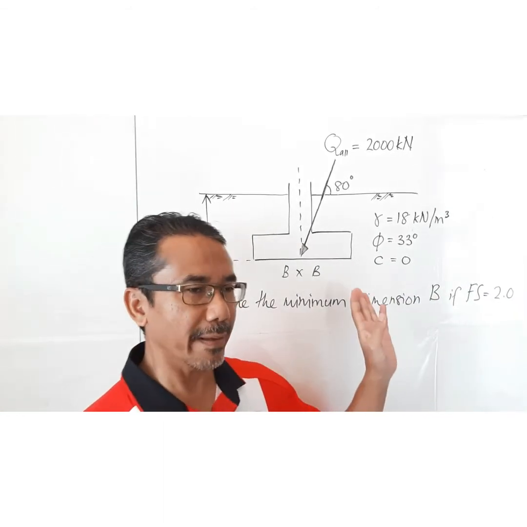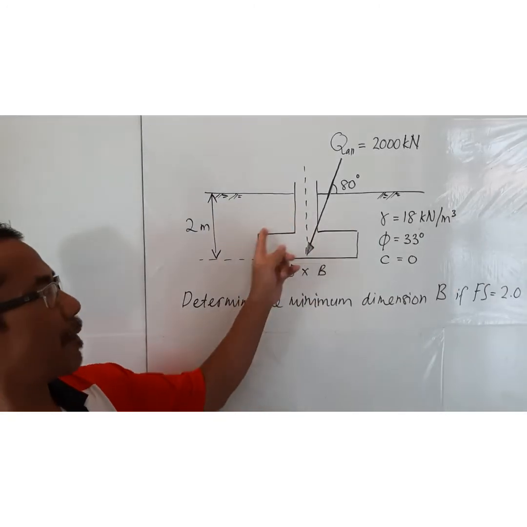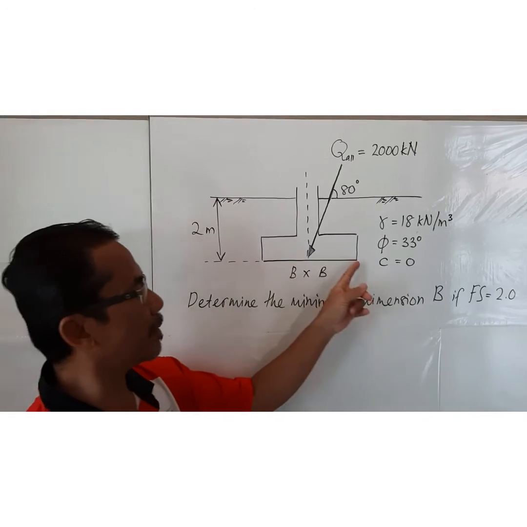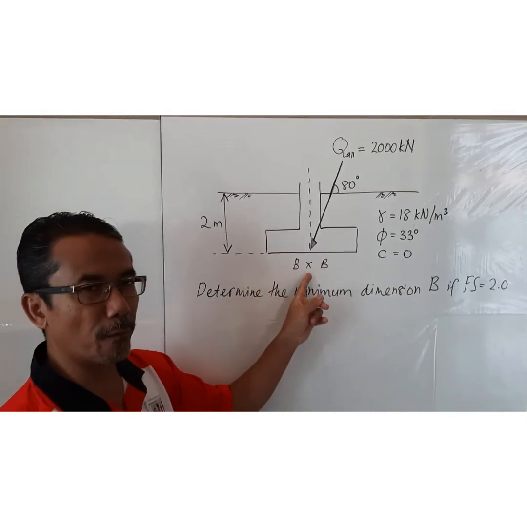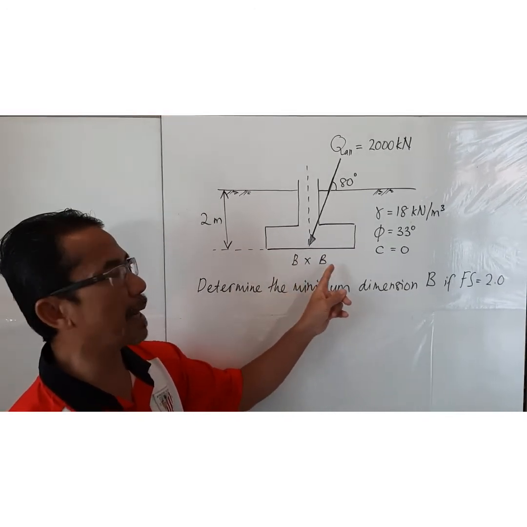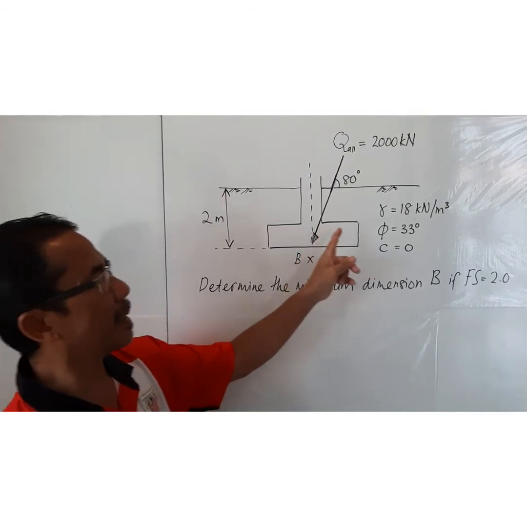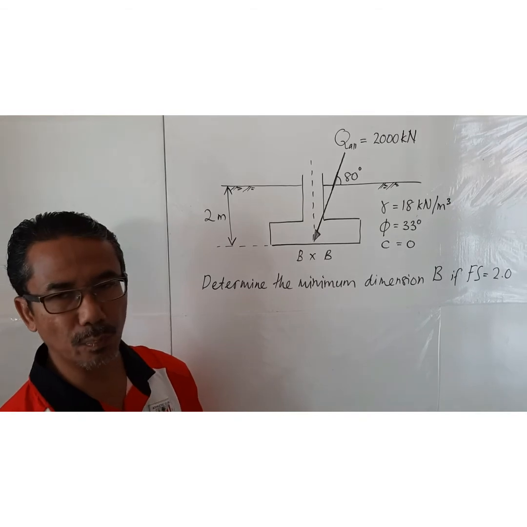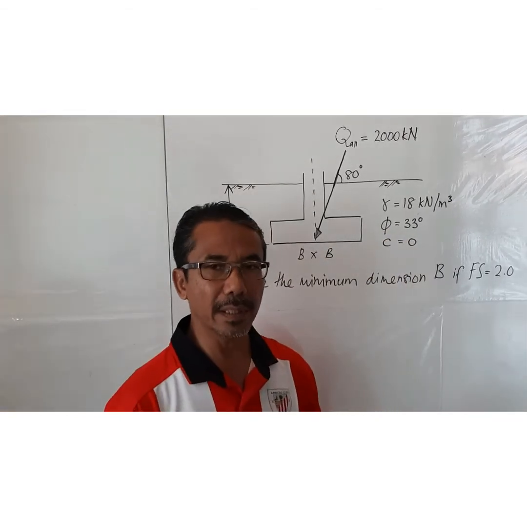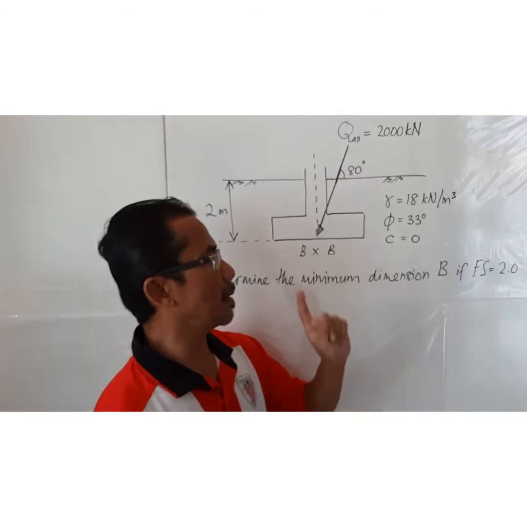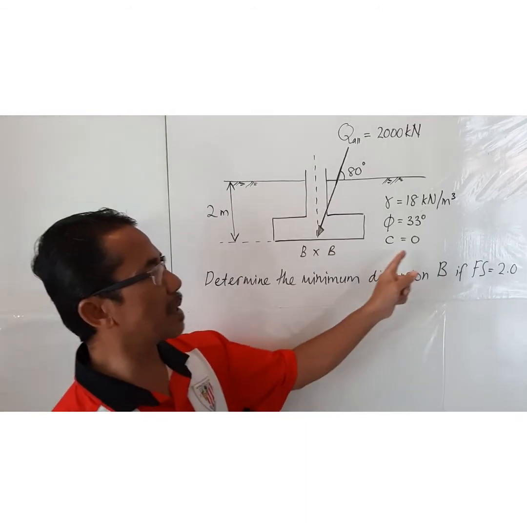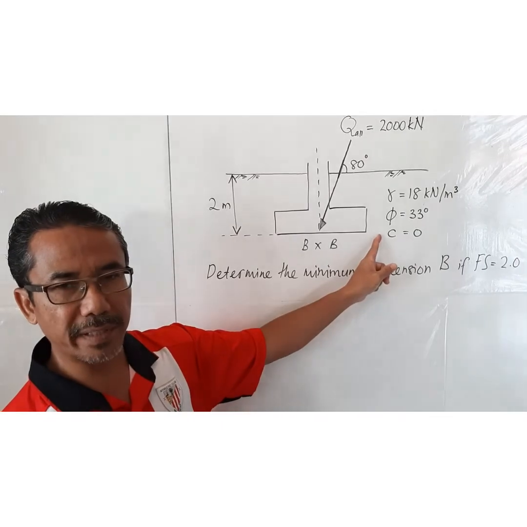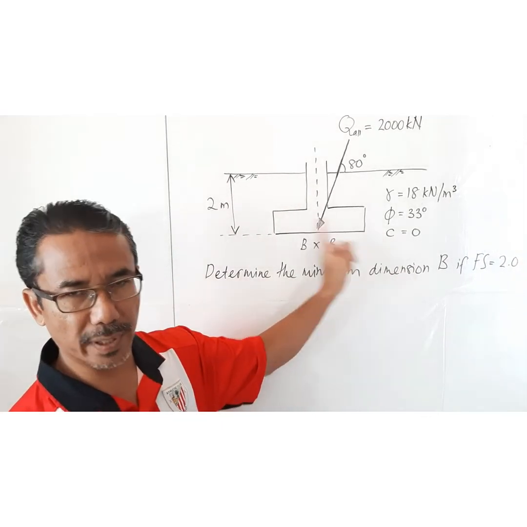Okay, if you look at this example, we have a footing with a depth of 2 meters, and this footing is a square footing, B multiplied by B, right? And these are the soil properties. Unit weight gamma equals 18 kN per meter cube. Internal friction angle equals 32 degrees. C, or cohesion, equals 0. When C equals 0, it shows that this soil is granular or non-cohesive soil, right?